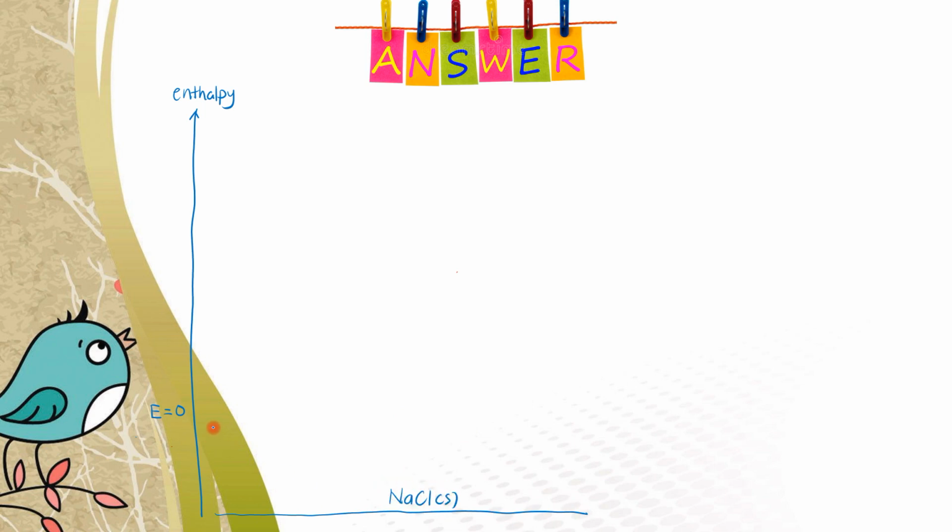So it comes from Na solid plus half Cl2 gas. Okay, and then it should be 1 mole because enthalpy of formation is negative value. So you have to draw arrow downward to show heat release. And don't forget to label this delta HF is equal to negative 411 kilojoule per mole.